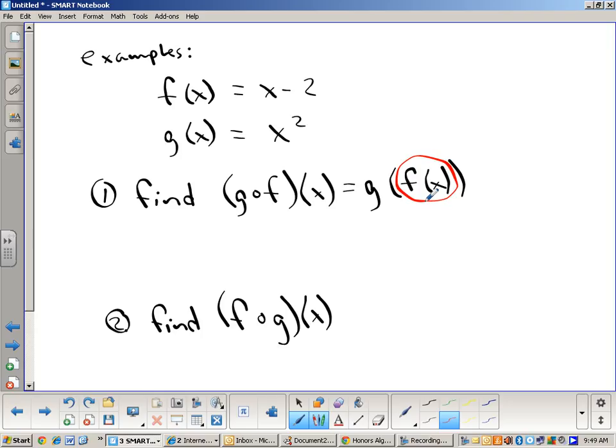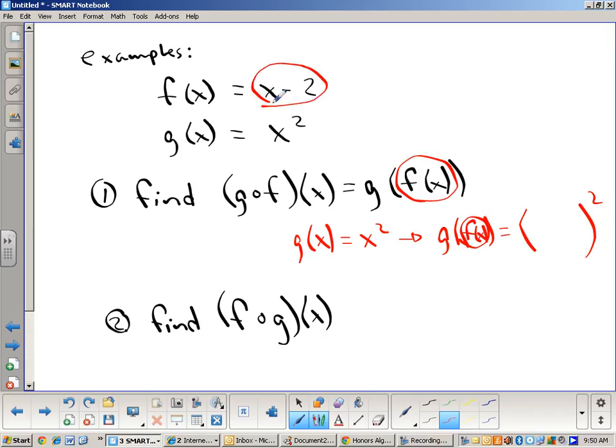Okay? So g of x is x squared. So that means g of f of x is equal to x squared, but x is now f of x, which was x minus 2.